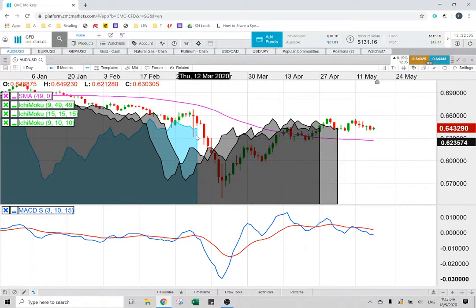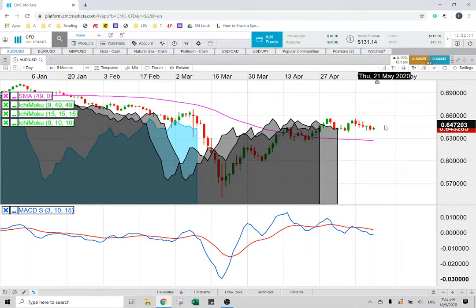So there are 10 days, 2 weeks before pricing starts to move up. So we could even look to long the market in this situation. That's something that we want to look at.